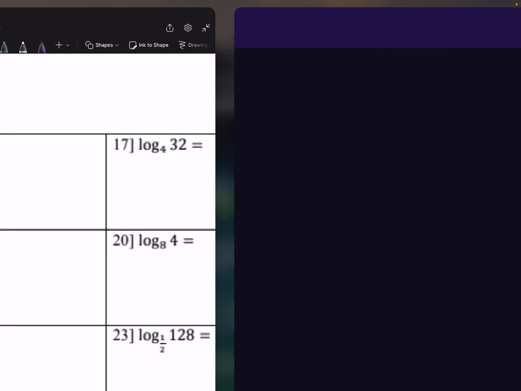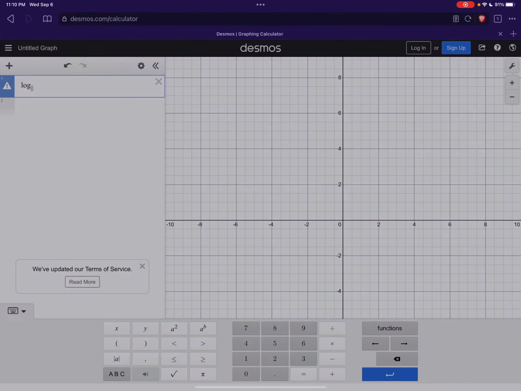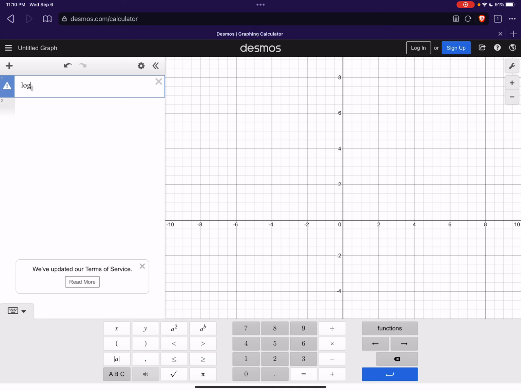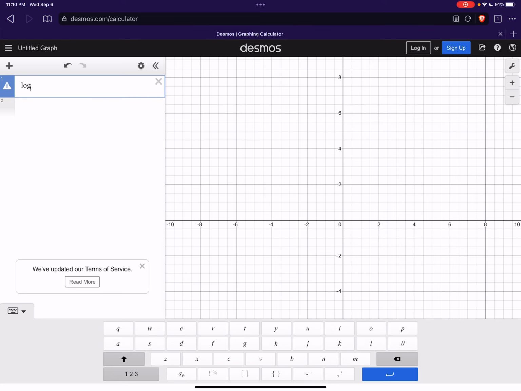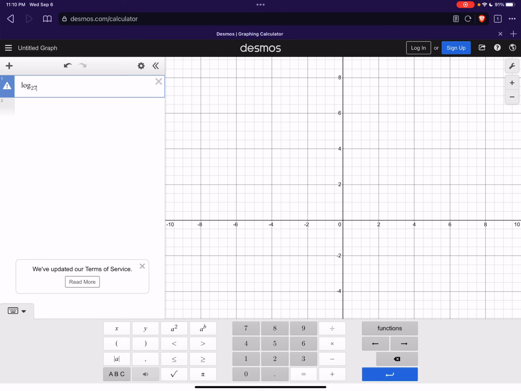Forgot what the equation was. Log base 27 of 3.